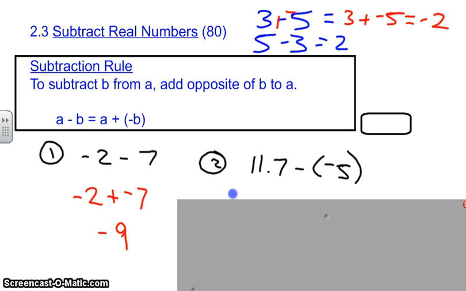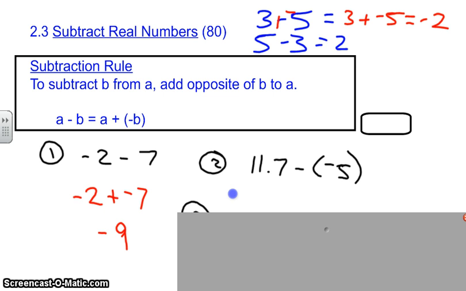How about when we're subtracting a negative, right? What do we say? So 11.7 plus what? Plus negative 5? Plus positive 5?